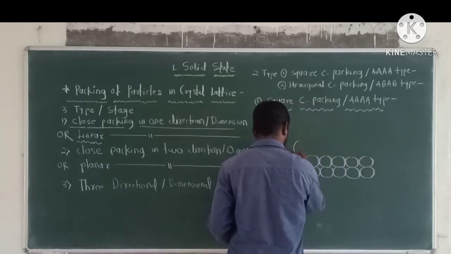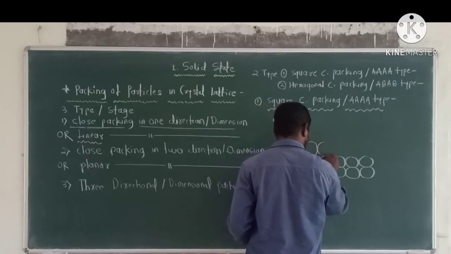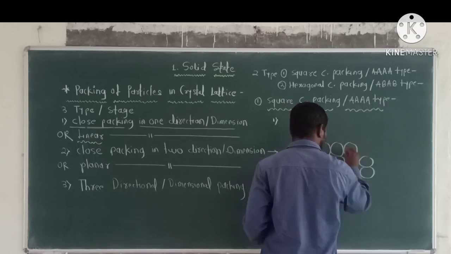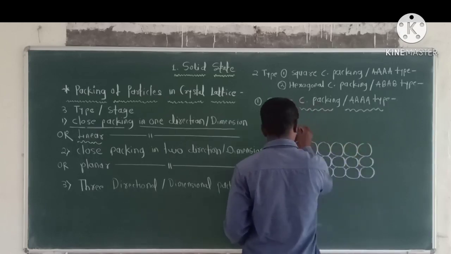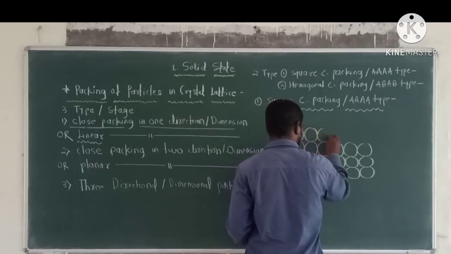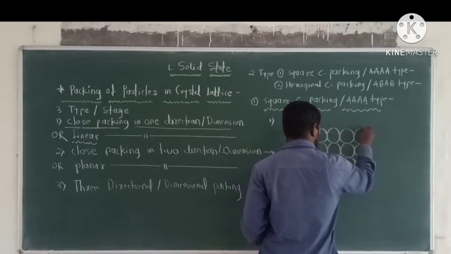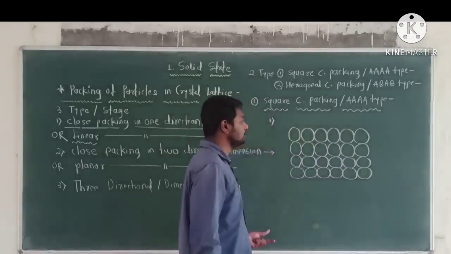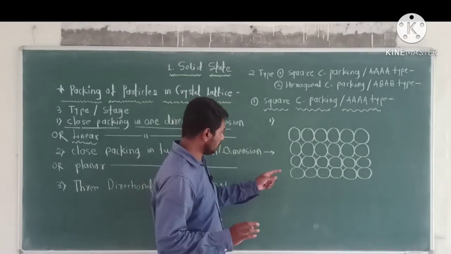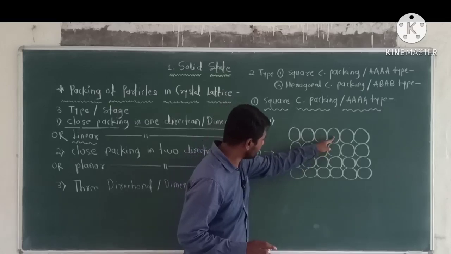The third row of constituent particles is placed over the second row, and the fourth row of constituent particles is placed over the third row, in such a way that all the constituent particles are exactly over each other.